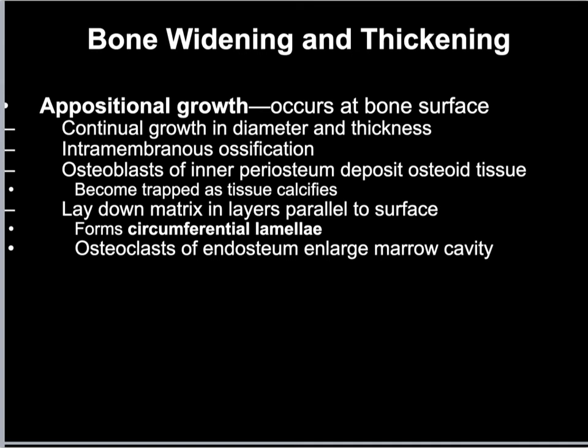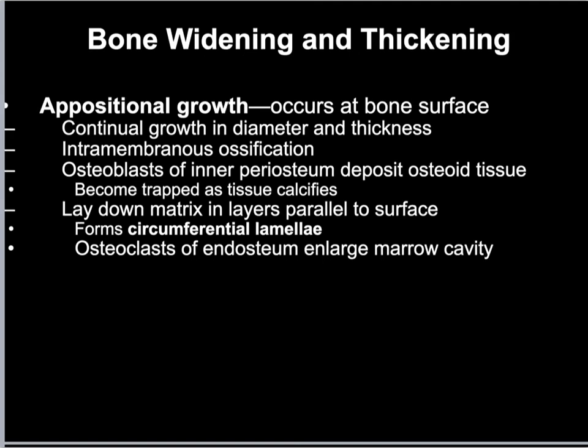So while you are laying bone down on the outside of your bones and continuing to lay down more and more compact bone, the osteoblasts are becoming trapped as they lay down bone tissue around them and becoming osteocytes.